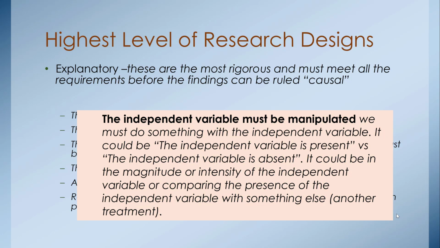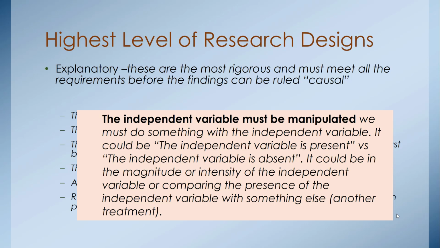The independent variable has to be manipulated. That means we actually have to do something with the independent variable. This could actually be just making the independent variable become present, introducing the treatment versus the independent variable being absent, no treatment. It could be manipulating it in terms of the magnitude of the treatment or the intensity of the treatment, whatever that could look like.